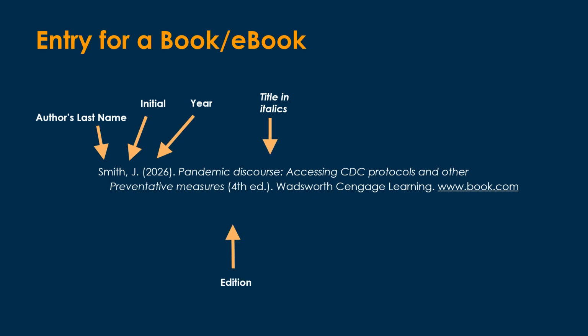If the book is an edition, the edition number indicating that is next, and that goes in parentheses with the abbreviation ed., as shown here in the example 4th ed. Place another period after the closing parentheses. Next comes the name of the publisher, followed by a period. And the entry ends with the URL, if applicable. Always hit enter after you are finished typing the URL so that it will be hyperlinked.